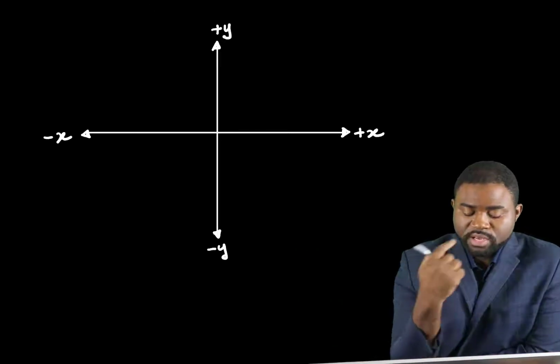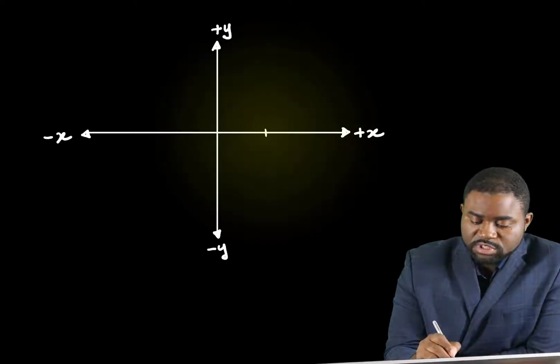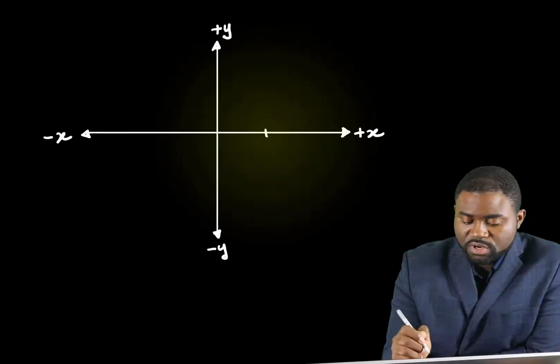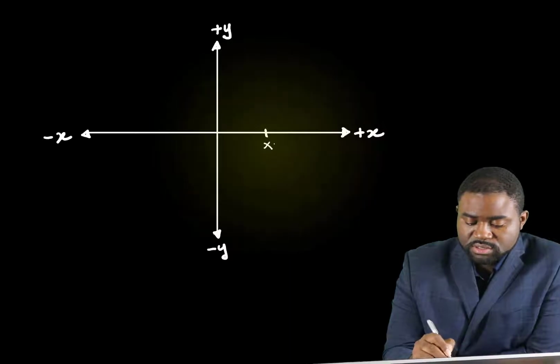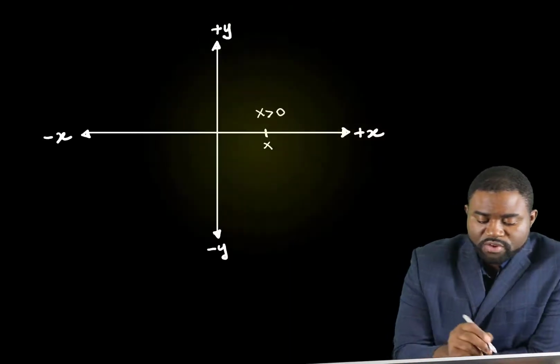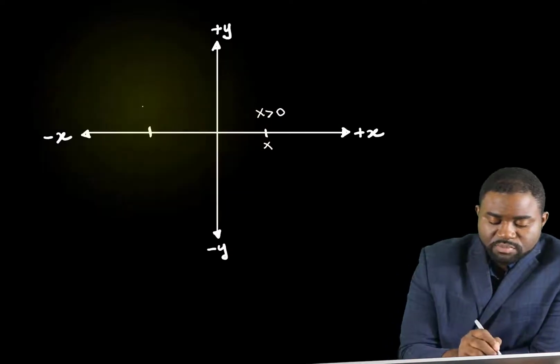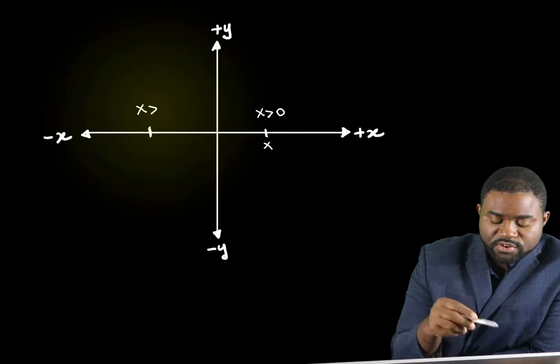So keep in mind that a positive displacement, let's say that if an object initially is found in the positive axis, this means that x is greater than 0. If an object is located in the second quadrant, it means that x is less than 0.